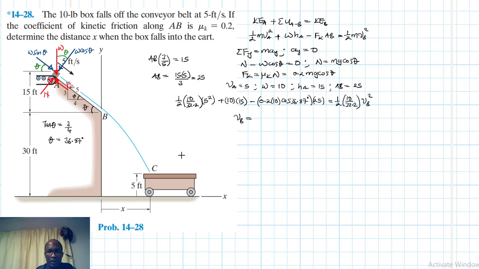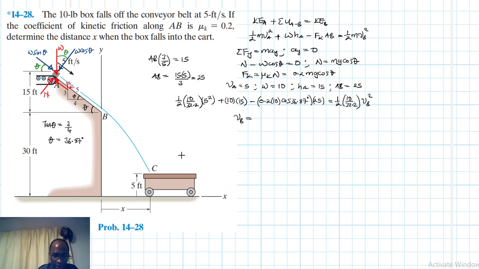So let's start again. So we have 0.5 by 10 divided by 32.2 times 5 squared plus 10 by 15 minus 0.2 by 10 by 25 cos 36.87, divided by 0.5 by 10 divided by 32.2.